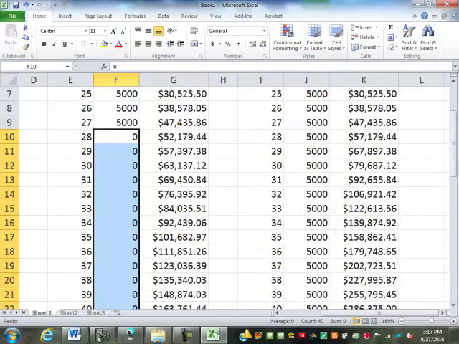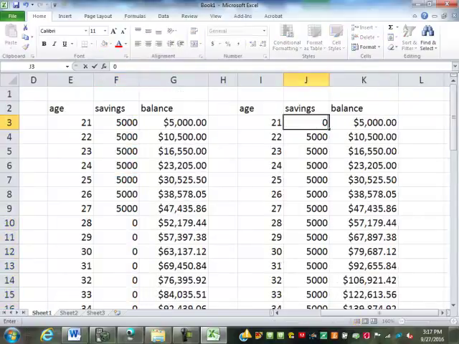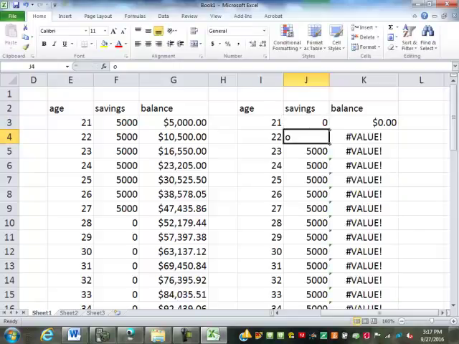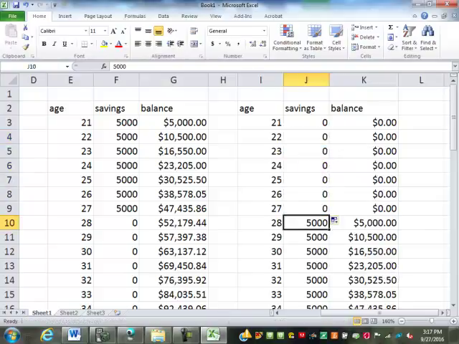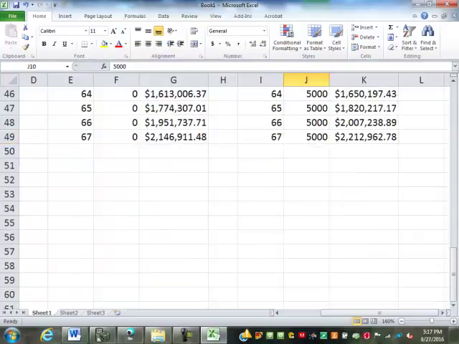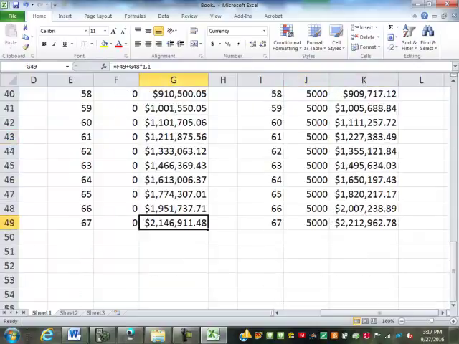Let's say this person does it the opposite way. Says, you know what? Screw that, I'm young, I'm going to play. They don't put any money away until they're 28. Then at 28, they start saving. They end up in almost exactly the same spot.